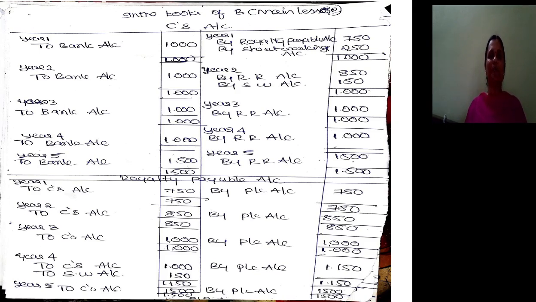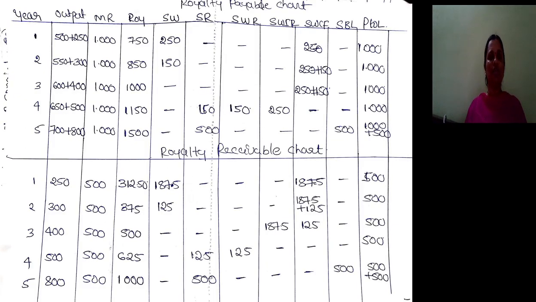Now, when we are preparing accounts in the capacity of main lessee, we should take into consideration the royalty payable chart. If you look at the royalty payable chart, in the first 2 years royalty is less than the minimum rent. Our minimum rent is more than the royalty. There is short working. So the first 2 years resemble the second situation.